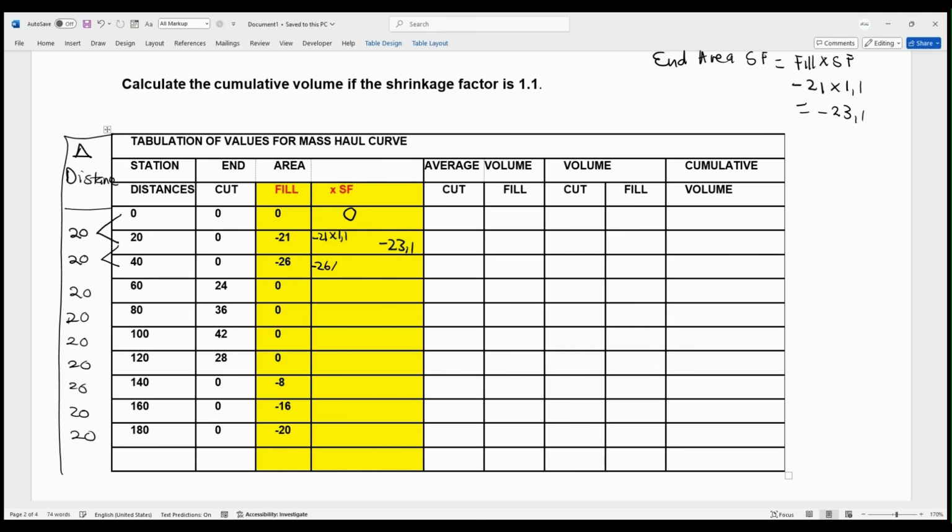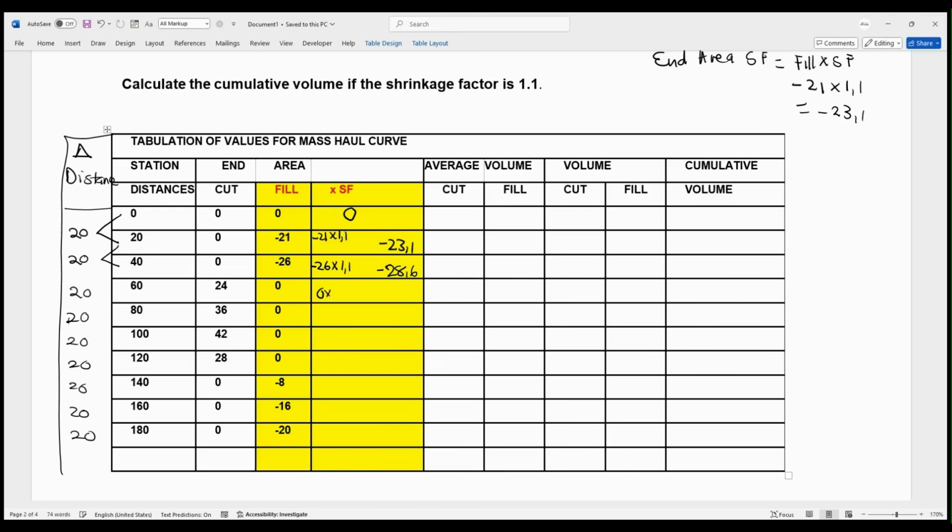Negative 26 times 1.1 gives negative 28.6.